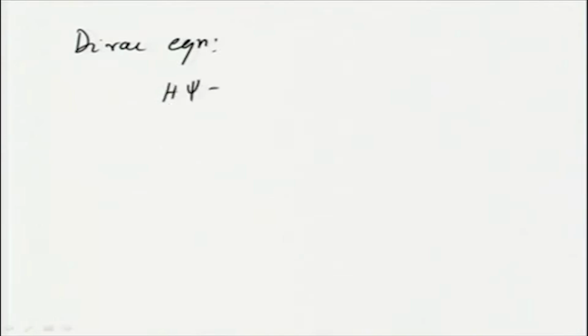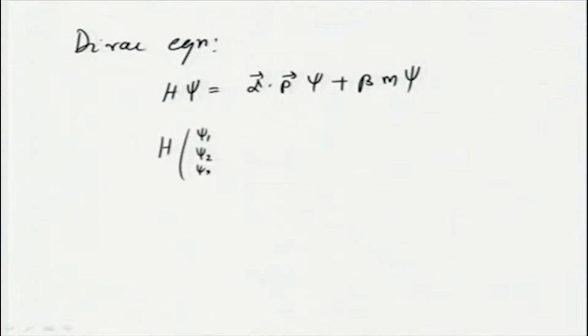H psi is equal to alpha dot p psi plus beta m psi, where now alphas and beta are 4 by 4 matrices, and therefore, psi should be a 4 by 1 matrix. So, H psi will have psi 1, psi 2, psi 3, psi 4, a 4 component object.